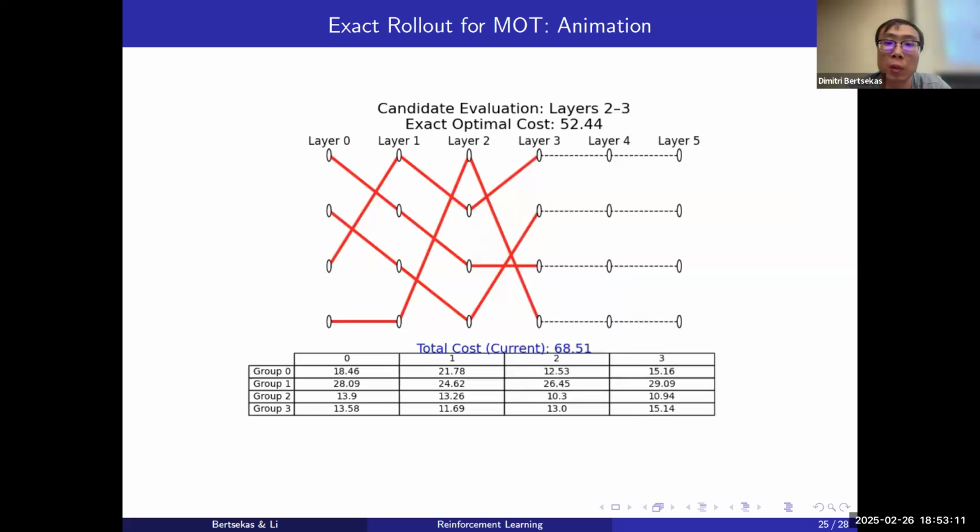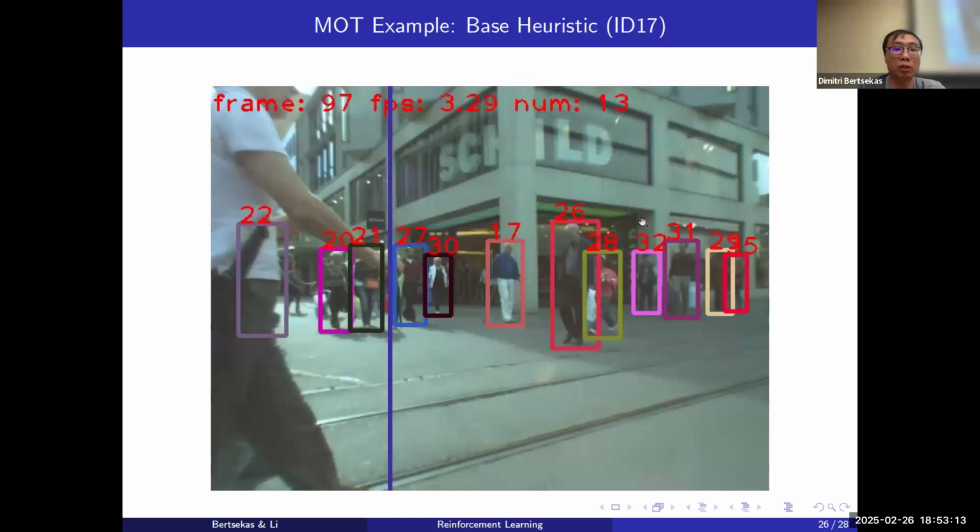Okay. Now let's get to the application of multi-object tracking. The base heuristic involves some Kalman filtering to predict how a human is going to move in the next time instance, and using a neural network and so on. Let's focus on this gentleman, who is assigned ID 17.